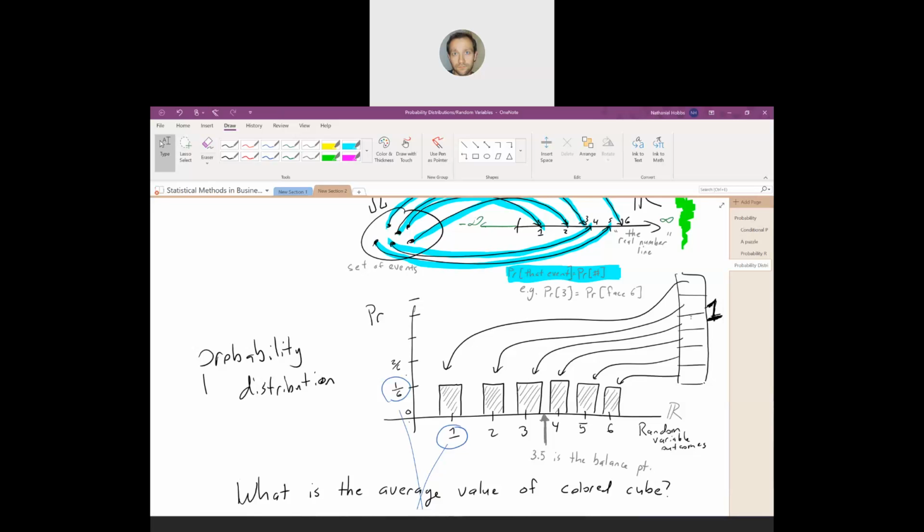Here, we're chopping it up into blocks, and each of those blocks has a certain size. That size that they have from the original block, that's their probability of occurring. Whatever number you want to assign to that block is up to you.